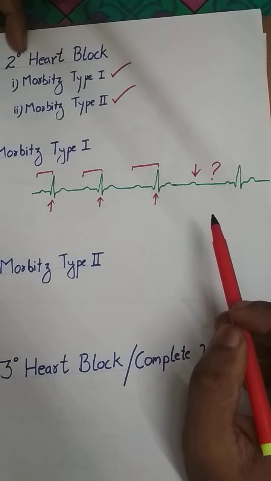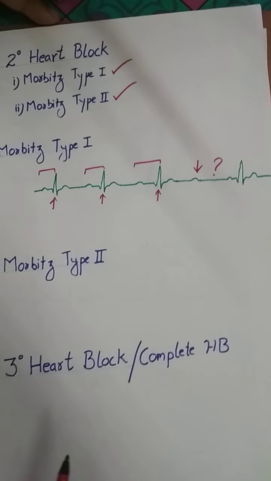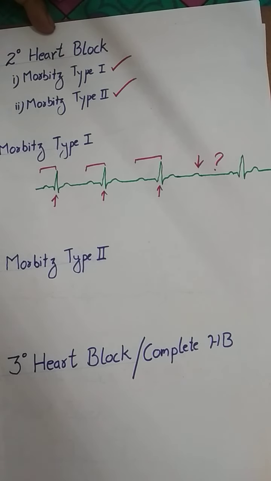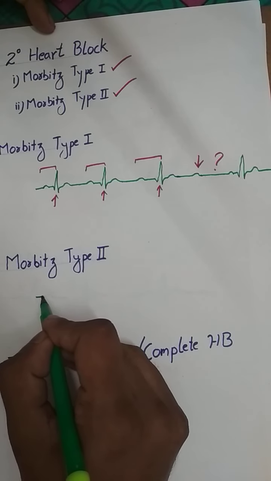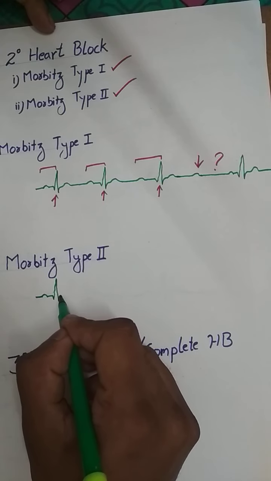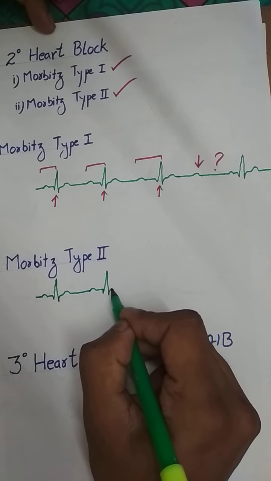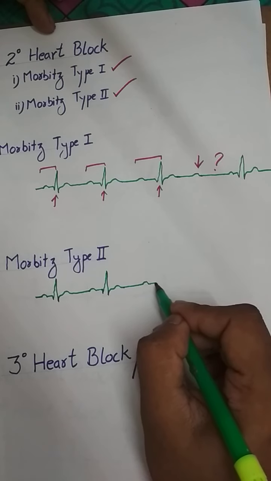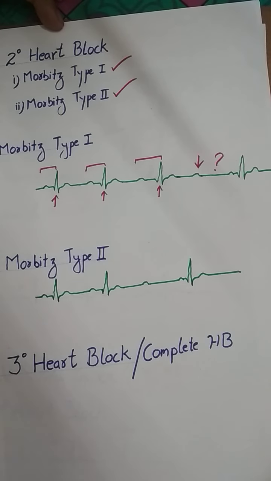Now let us see what is Mobitz type 2. The ECG of Mobitz type 2 would be something like this. This is the ECG of Mobitz type 2.